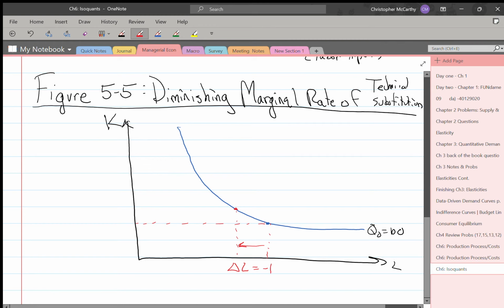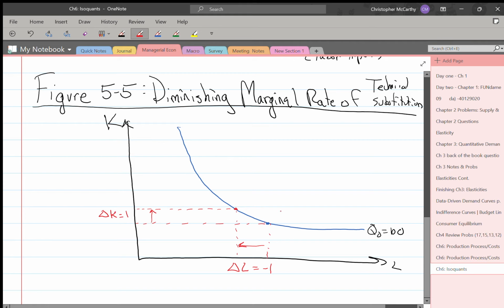Well, when we change it by 1 here, we're going to have a pretty corresponding one-for-one kind of exchange, right? We get rid of 1 labor, and we're going to increase our capital by 1. But this is really an artifact.